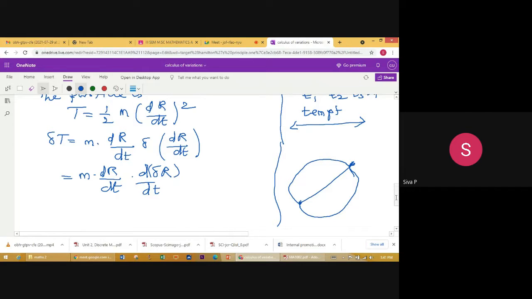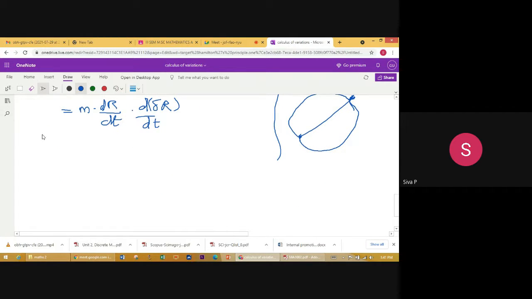Thus delta T plus delta W. Delta T is virtual kinetic energy, delta r is virtual displacement, and delta W is the work done.